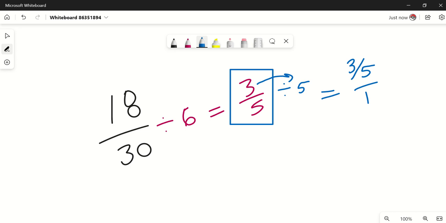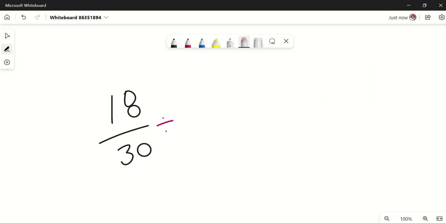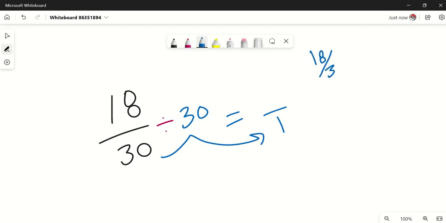So the other way we could have done this is this. Travels 18 miles in 30 minutes. If I had divided these both by 30, I definitely would have gotten 1. 30 divided by 30 gives me 1. My top number would have been 18 divided by 30, which still was what we started with.